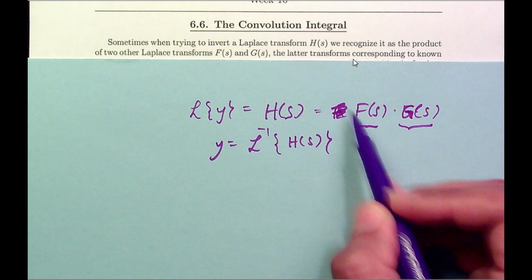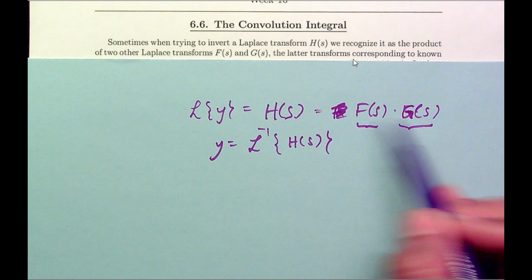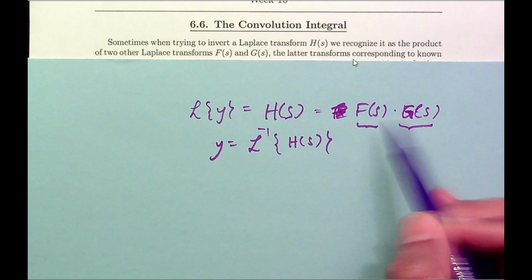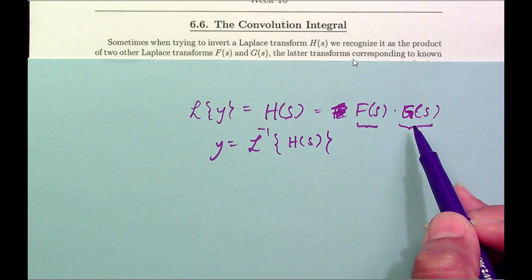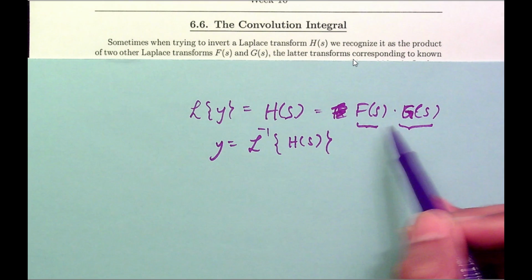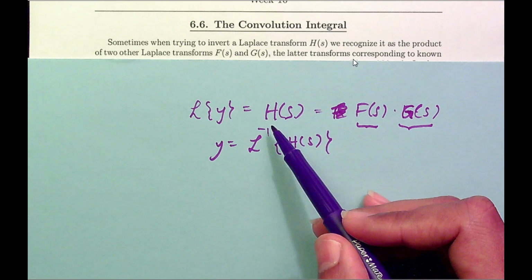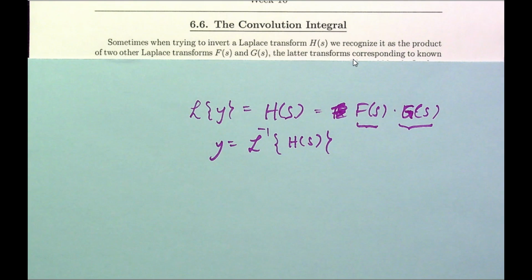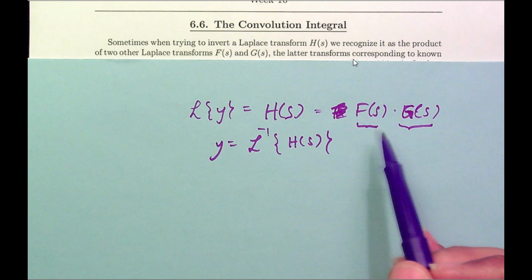Knowing the Laplace inverse of each of these, can I somehow put them together to get the inverse of h? The answer is yes, but it's not the obvious way.